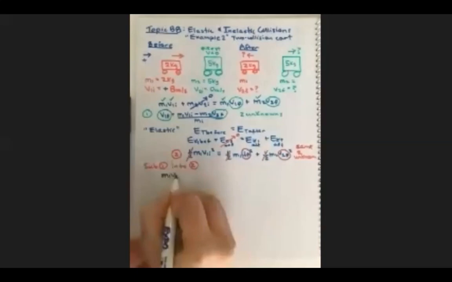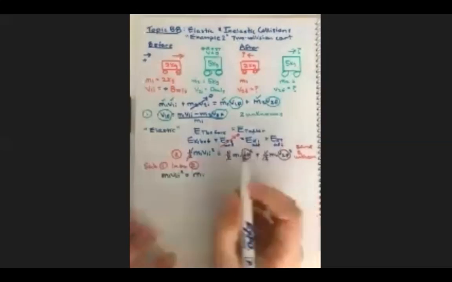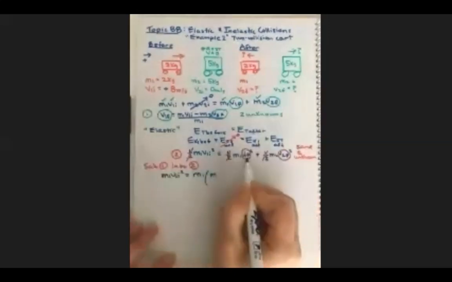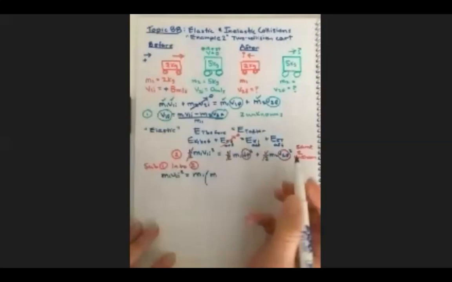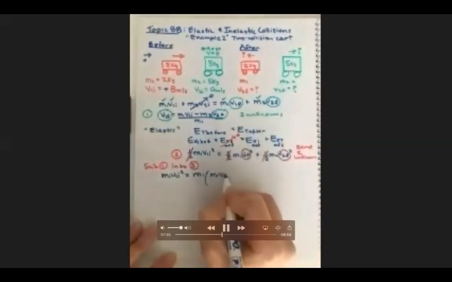m1 v1I squared equals m1 v1f squared, but v1f, we're going to make the substitution.